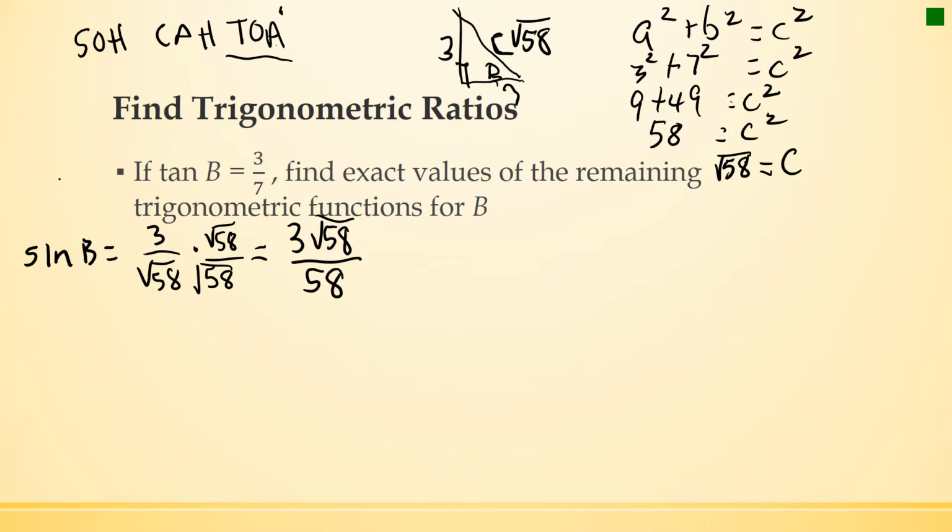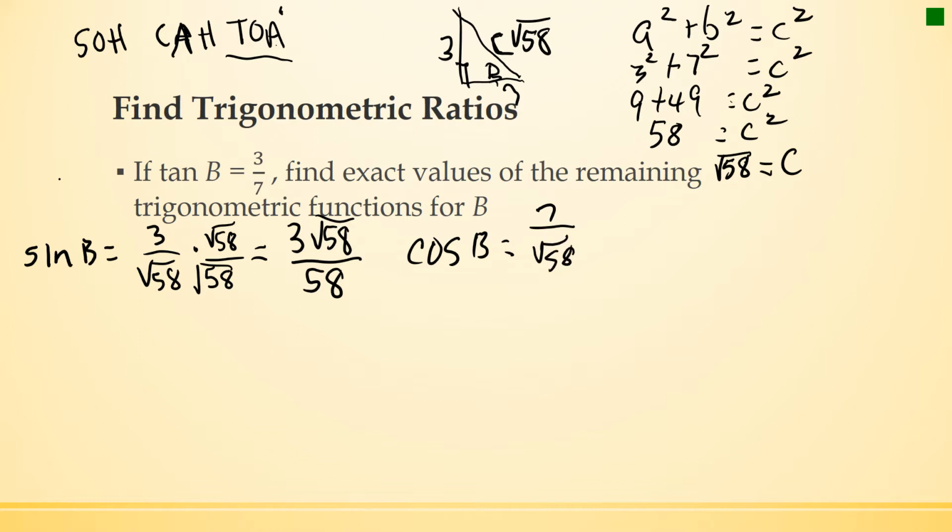Now let's hit the cosine of B. The cosine of B is equal to the adjacent over the hypotenuse. Our adjacent side to angle B is 7, and the hypotenuse is the square root of 58.